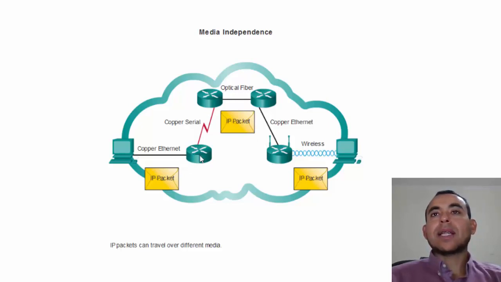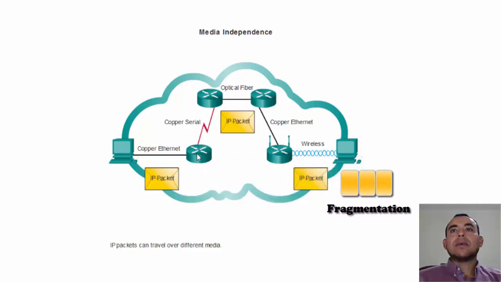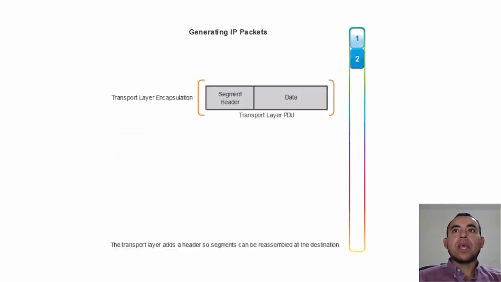As part of the network layer, it has to perform some fragmentation to the incoming IP packet. So that's the only issue at which the router will deal with some medium-specific issues.